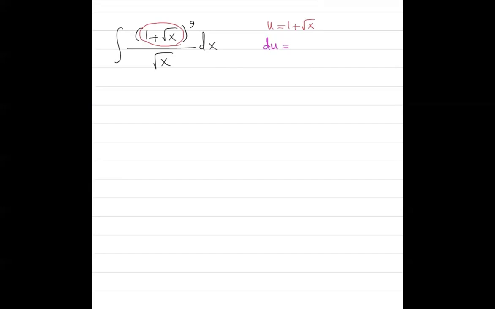The derivative of square root of x is 1 divided by 2 square root of x dx. Remember that square root of x is x to power a half. When you're taking the derivative, it becomes a half x to power negative a half, or 1 divided by 2 square root of x. This is what you learn in elementary calculus.